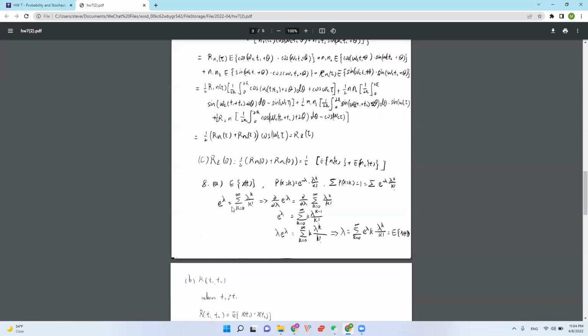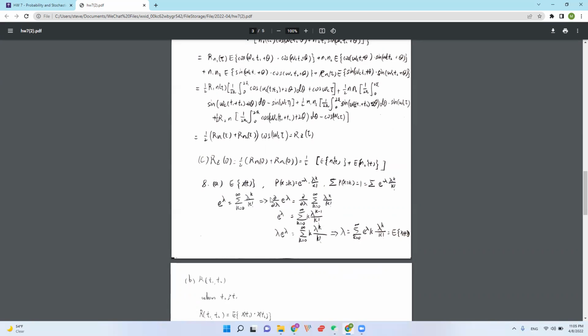In order to figure that out, first step, we can move this e to the negative lambda to the left-hand side, where there is a 1. So it becomes e to the lambda. Everything on the right doesn't move.